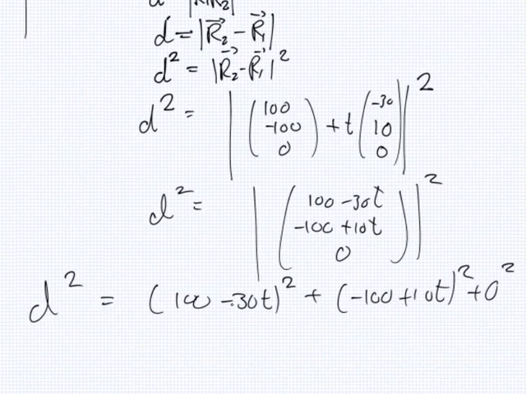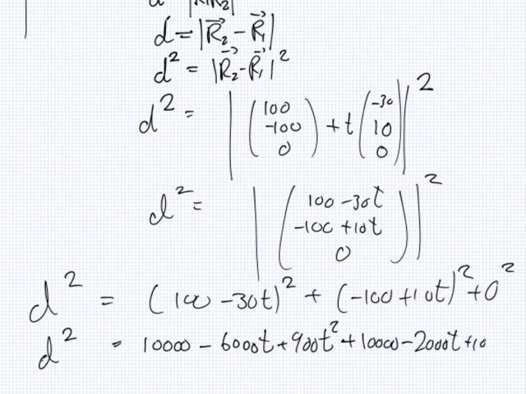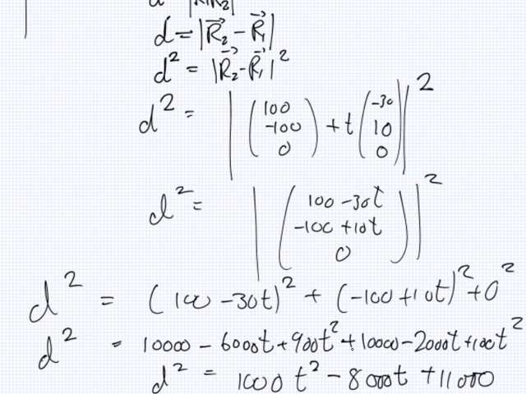So the distance squared is equal to 10000 minus 6000t plus 900t squared, plus 10000 minus 2000t plus 100t squared. So the distance squared is equal to 1000t squared minus 8000t plus 20,000.